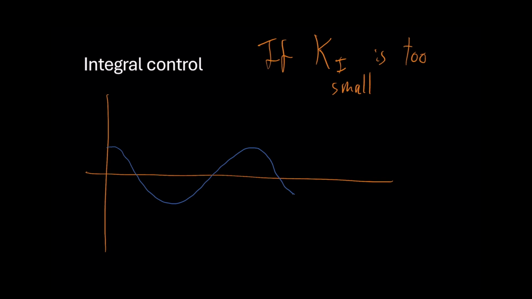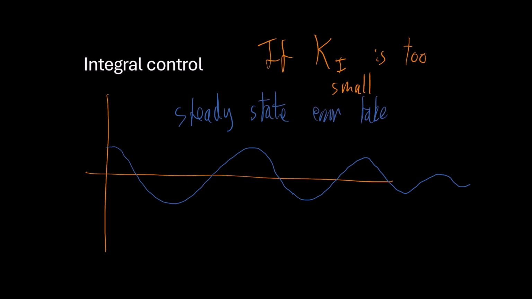So like the oscillations will decrease eventually, but it's a lot slower. You can make those oscillations disappear quicker by just increasing Ki, by making Ki a little bit more aggressive. But if Ki is too small, well, then your system just takes ages to correct itself. So the steady state error takes too long to correct.